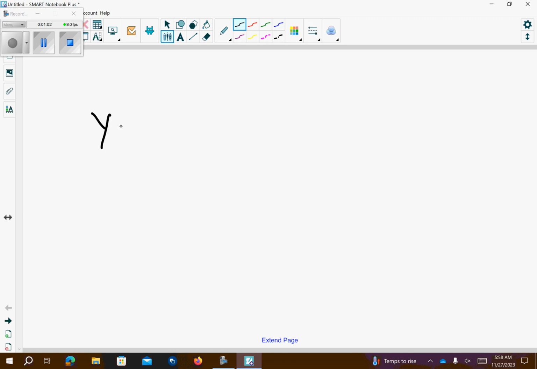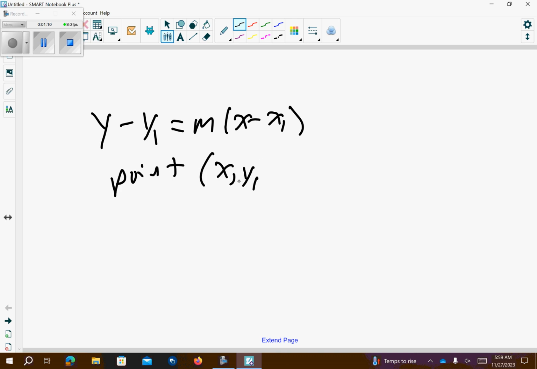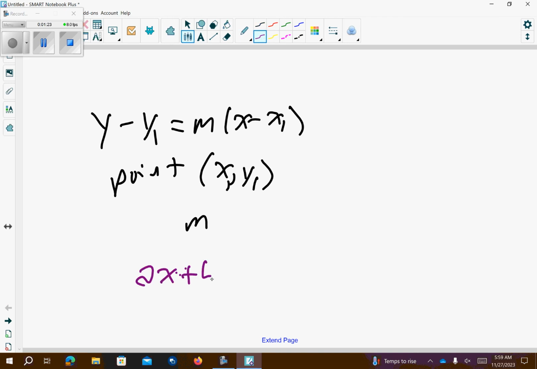So y minus y1 equals m times x minus x1, if we're given a point that we call x1 and y1. We plug it in, and then we have the slope, we plug it in, and then there was the last way where we have ax plus by. This one we will often get to, but we don't necessarily plug in for it.